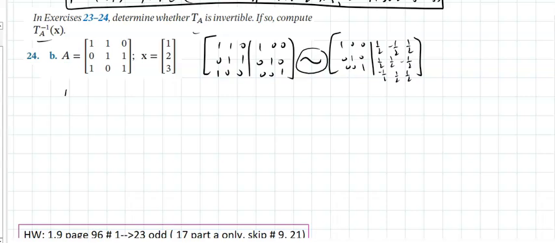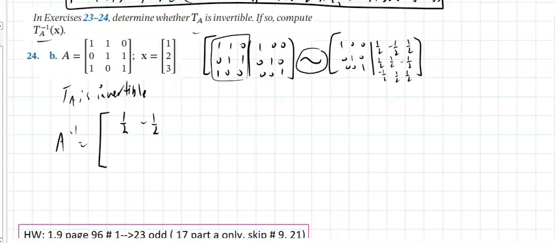So here we know that T sub A is invertible because that worked. Now just to remind you, if one of the rows zeroes out in any of those, then you say T is not invertible. And the inverse of A is simply 1 half, negative 1 half, 1 half, 1 half, 1 half, negative 1 half, and negative 1 half, 1 half, 1 half. I'm just copying what I found right there.